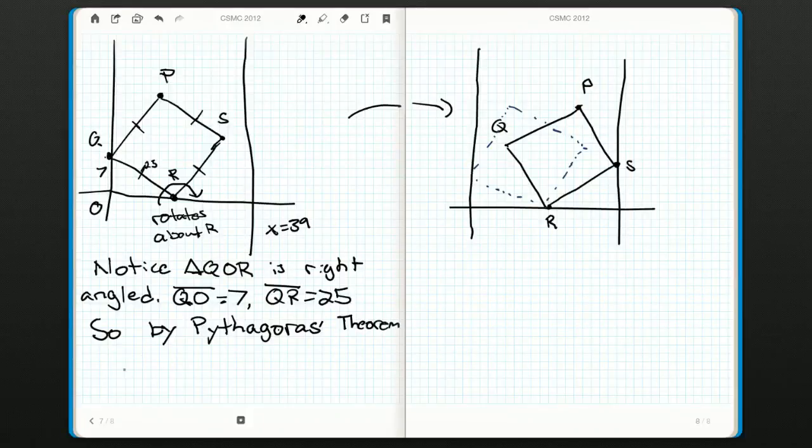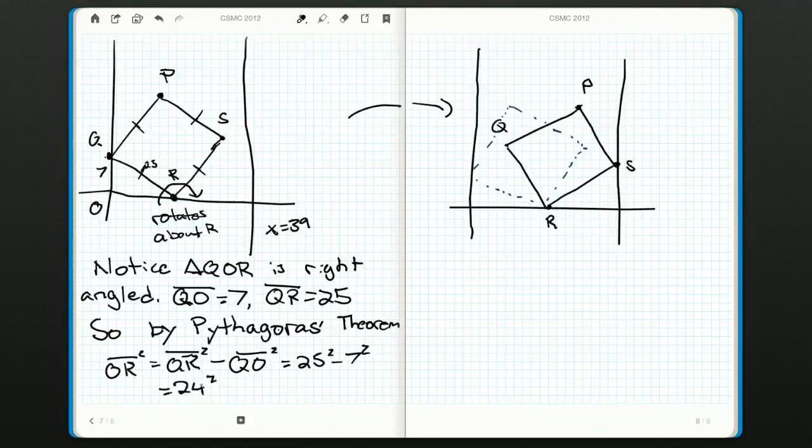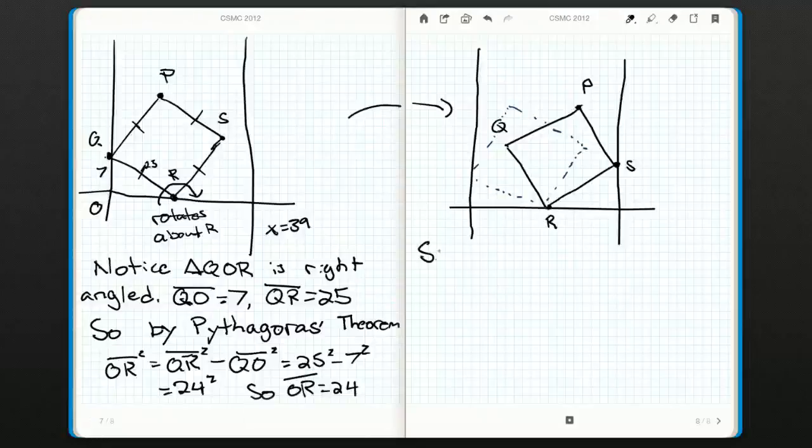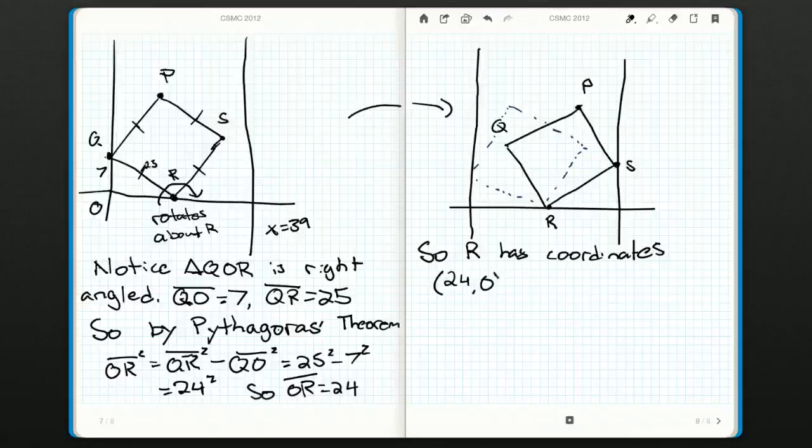So by Pythagoras' theorem, OR squared is going to be QR squared minus QO squared, 25 squared minus 7 squared. It's one of those Pythagorean triples you should be used to by now. But you can work it out on your calculator. It's 24 squared. So OR is 24. And we know that R lies on the x-axis. So we can see that R has coordinates 24, and then it's got 0 height.